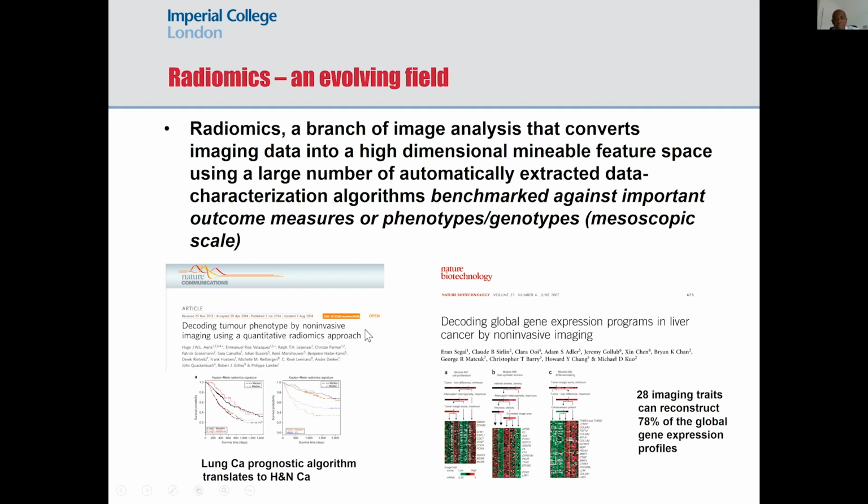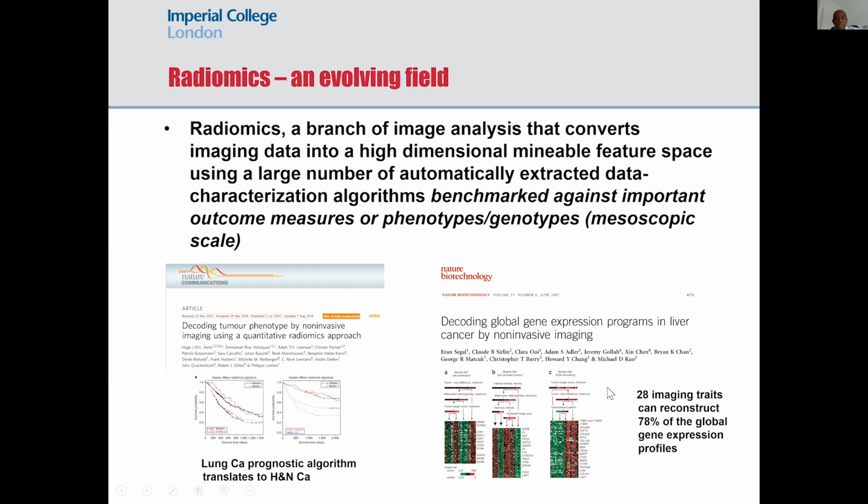So 2 of the first studies that really highlighted the potential of this area were by Segal, who showed in 2007 that they could use 28 imaging traits to reconstruct up to 78% of global gene expression.